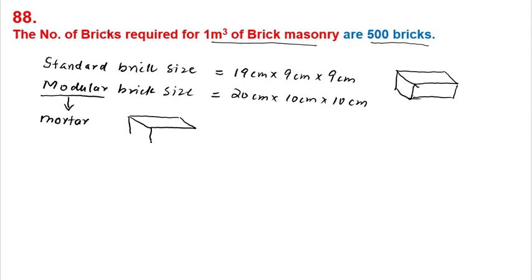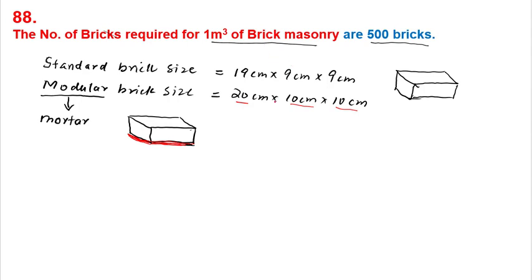Let's say this is the standard brick. Whenever you place this standard brick in brick masonry or a wall, you will get mortar on these sides. That's the reason we have increased 1 centimeter in each dimension for the modular brick.